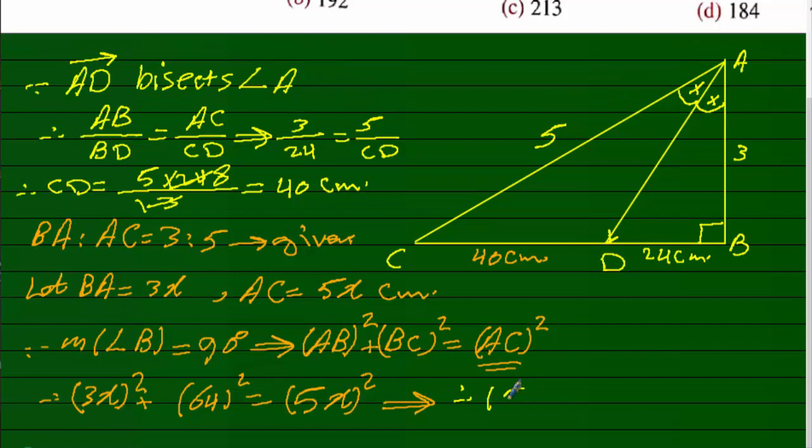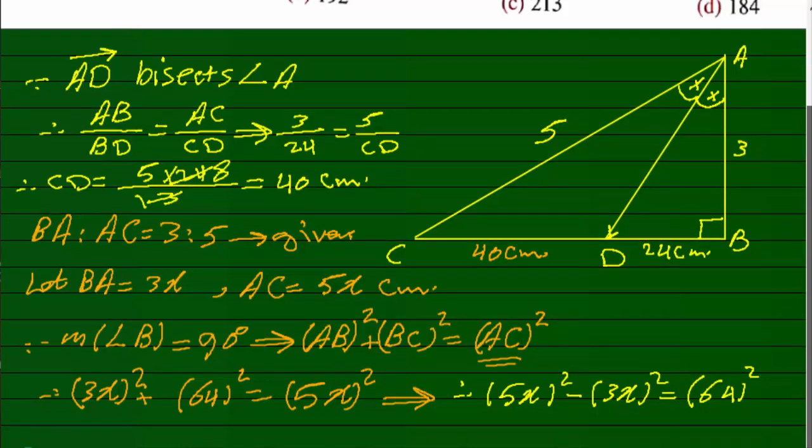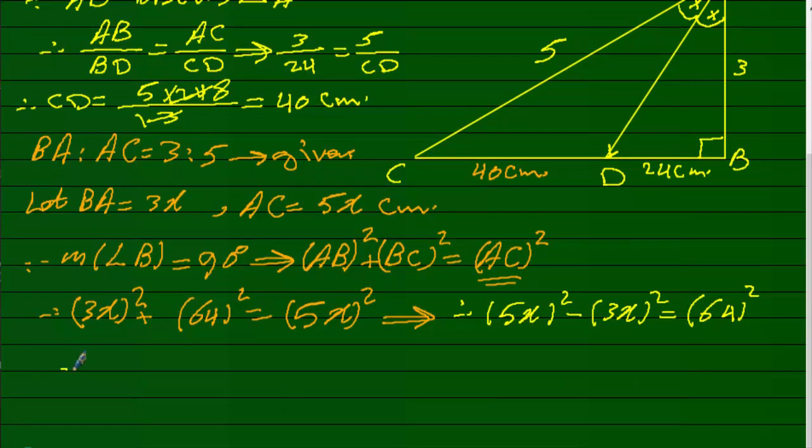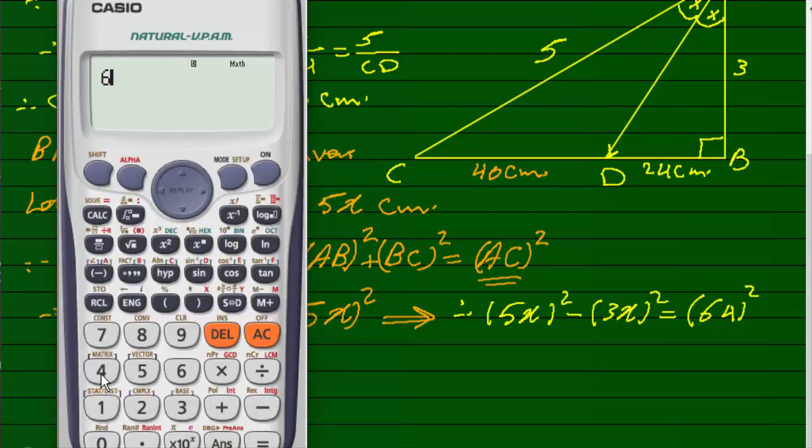That means (5x) power 2 minus (3x) power 2 equals 64 all power 2. And then we complete the calculation. We have 25x squared minus 9x squared equals 64 squared. 64 squared equals 4096.